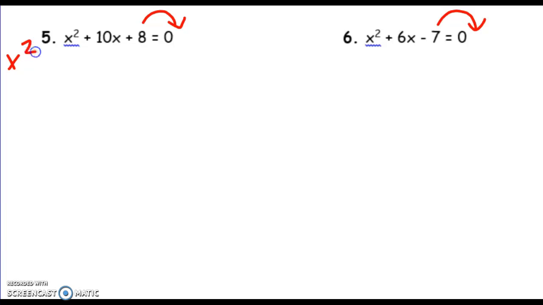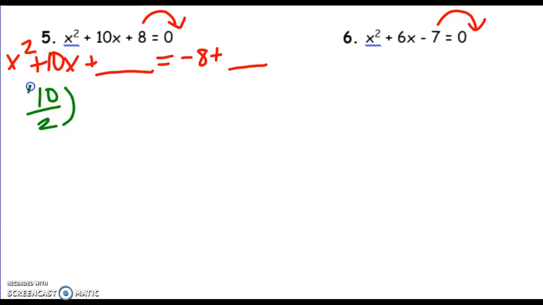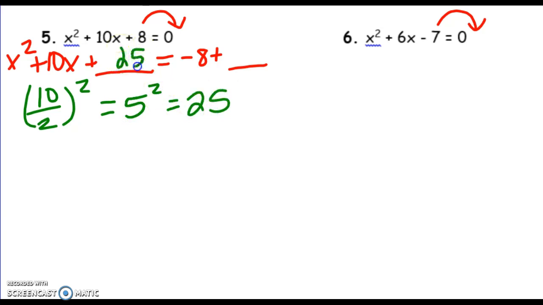So I now have x squared plus 10x plus something is equal to a negative 8 plus something. And let's find that something, because it would be 10 divided by 2 quantity squared, which would be 5 squared, which is 25. So I'm going to put 25 on both sides.